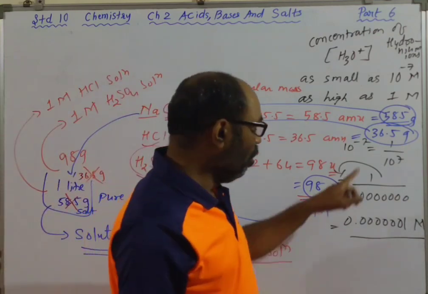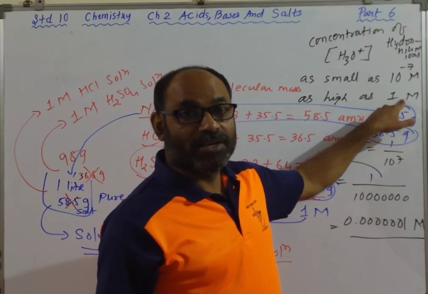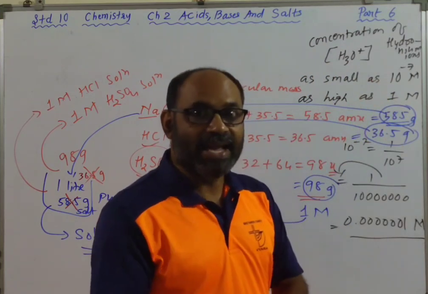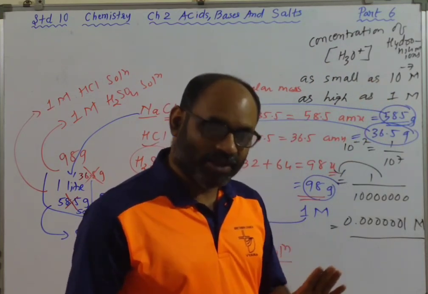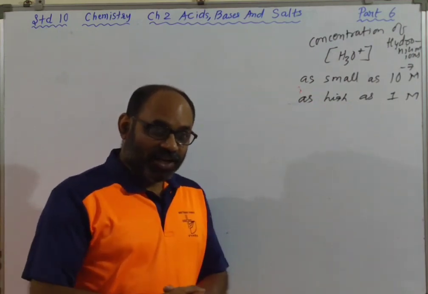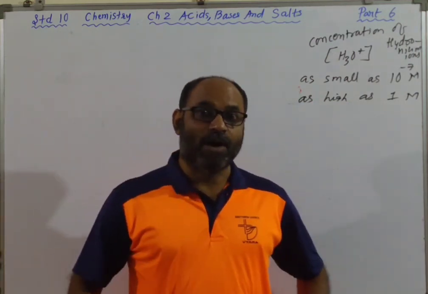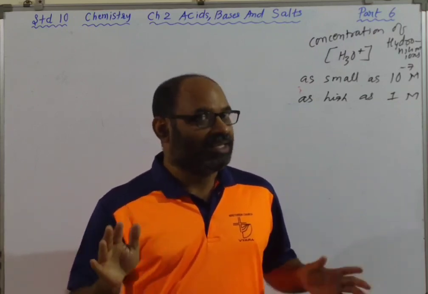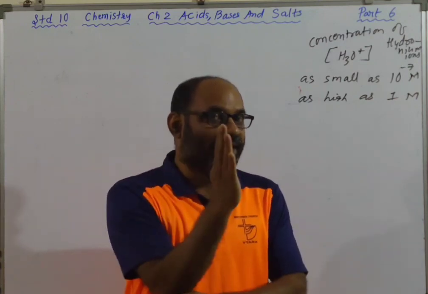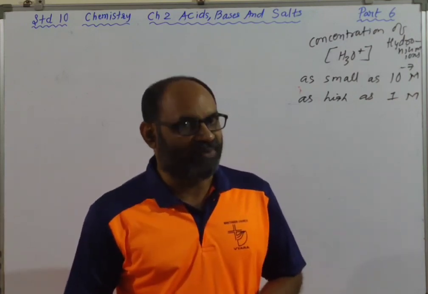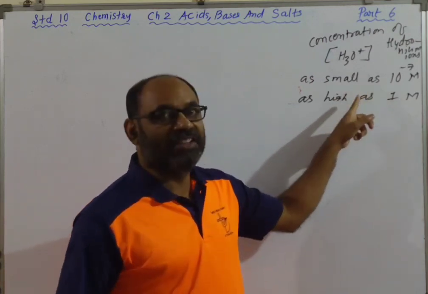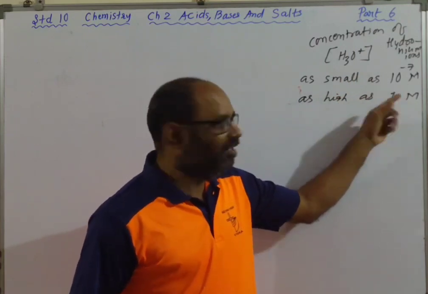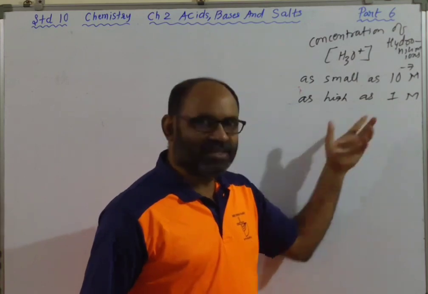Did you understand? So here the concentration of hydronium ion in any solution can be as high as 1 molar. Are you getting me, children? Okay. So children, just as measuring the amount of heat in the human body in terms of joules or kilocalories is difficult, so we sort out another way and we measure it in terms of degree Fahrenheit. Like that, measuring the concentration of any solution in terms of molarity, it is so small, we have seen, and 1 is the largest.